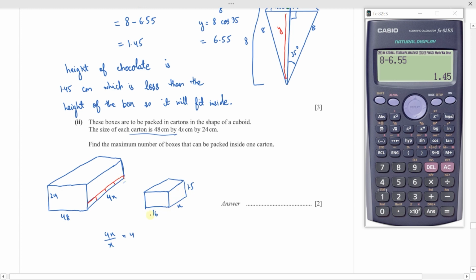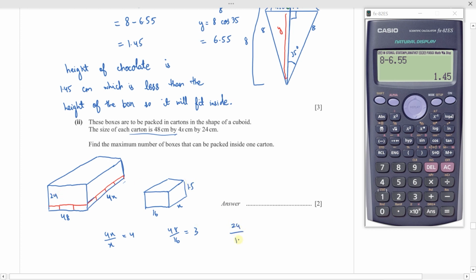And then along this length, this is 48, this is 16. So 48 divided by 16 will be 3. So along this length, you can fit 3 of these. And then along the height, this is 24 and this is 1.5.